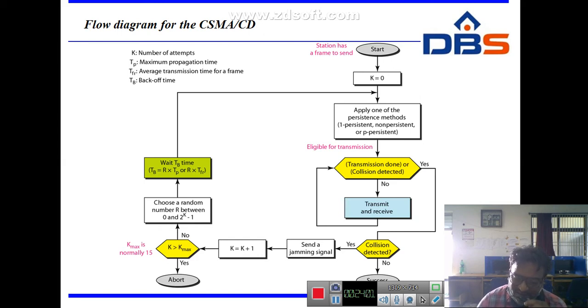If the medium is idle, it starts transmitting, otherwise it goes to step 2. If the medium is busy, it continues to listen or sense until the channel is idle, then it starts transmitting immediately.